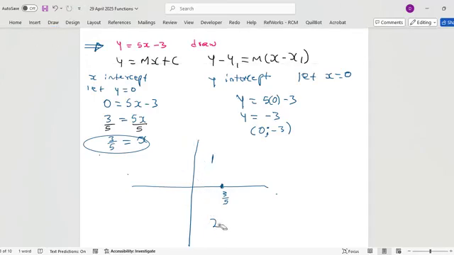So I'm going to put negative 3 somewhere there. Then I can draw my straight line. My straight line will have to touch there, and then also touch there, like that.